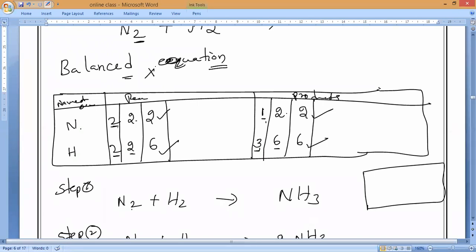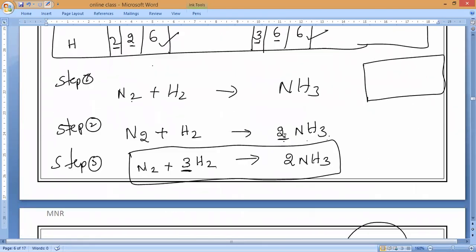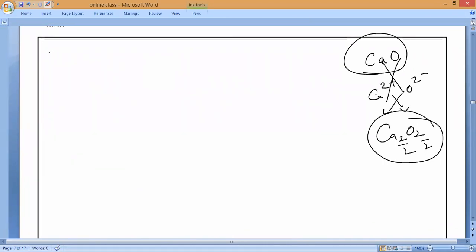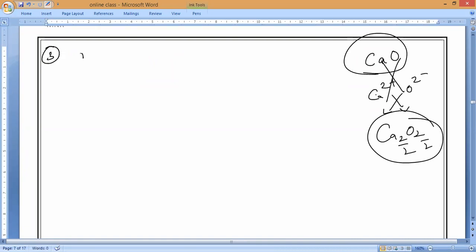Now I will give you one more equation. Try to balance it. The formation of iron oxide plus hydrogen gas. Let me take the reaction of iron with water, the third equation. Iron we can also call ferrous.